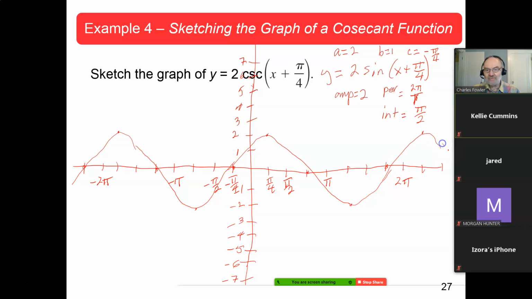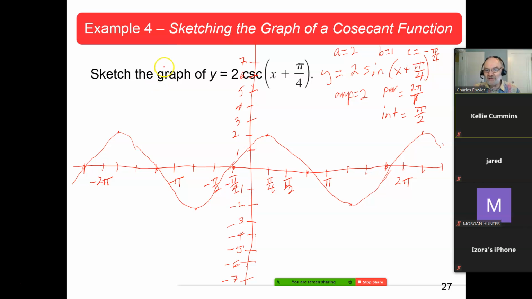Keeps on going. All right, there's a sine function, a vertical stretch, that's what the amplitude is, the 2 here, and a phase shift to the left 1/4 pi, but with an interval of 1/2 pi, so 2/4 pi's. So there we have our sine function sort of drawn.